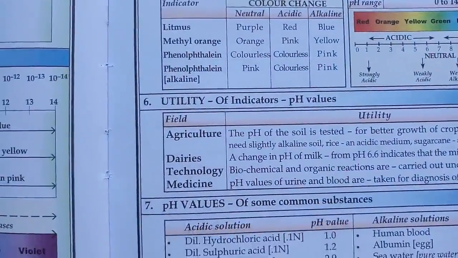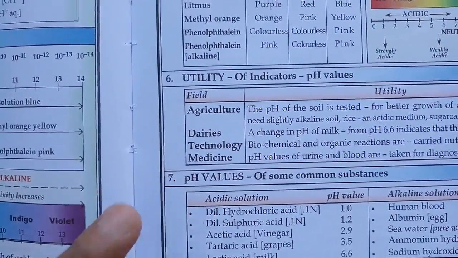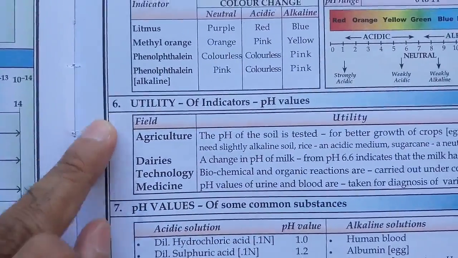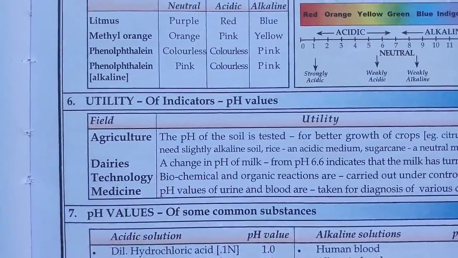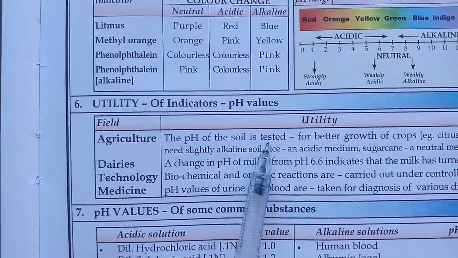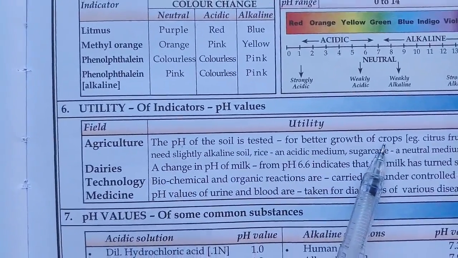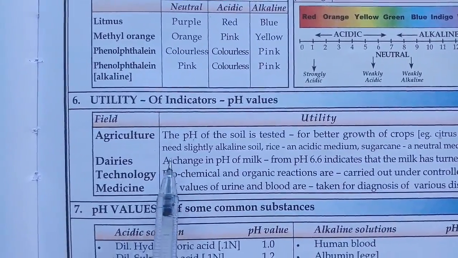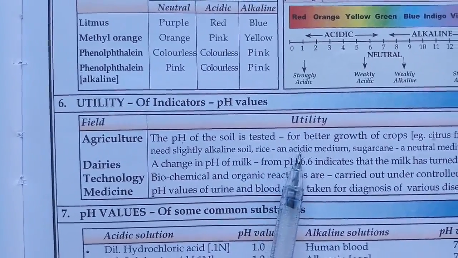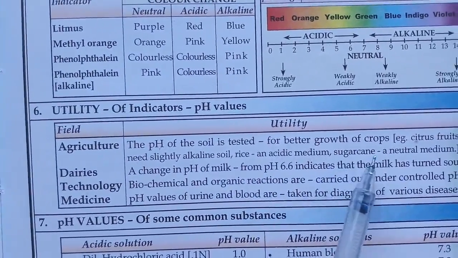Right. Now let's take a look at the pH value. Why do we need this pH value in the agriculture field, in the field, khet ke andar? The pH of the soil is tested for better growth of crops. Citrus fruit needs slightly alkaline soil. Rice needs an acidic medium, and sugarcane needs a neutral medium.